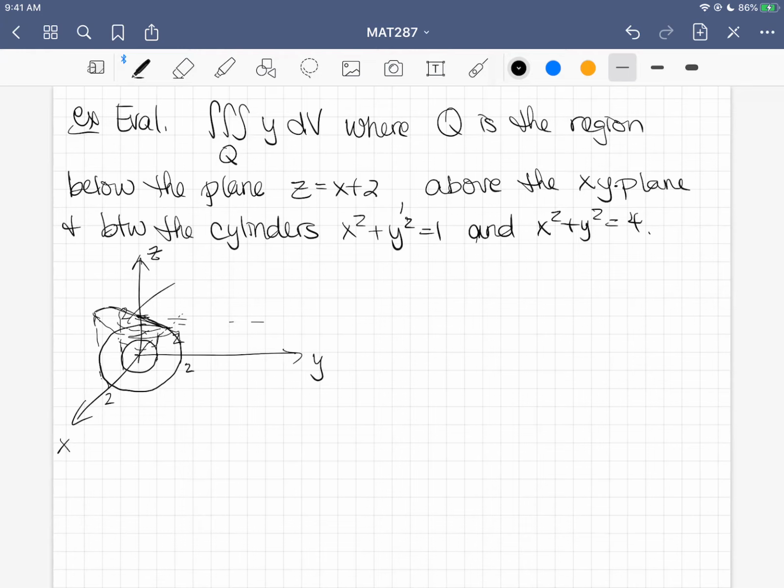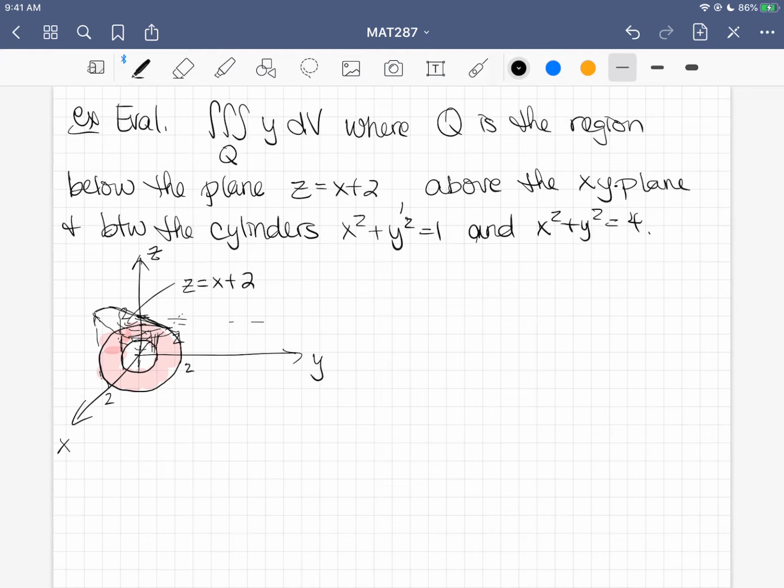So at the top, I've got my plane z equals x plus 2, and I'm looking at the region between these two cylinders heading up into hitting that plane. Something like that. Okay. So let's think about our slices. This is set up really for cylindrical coordinates, right?